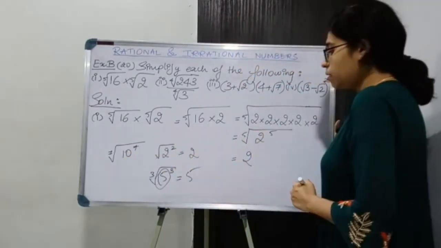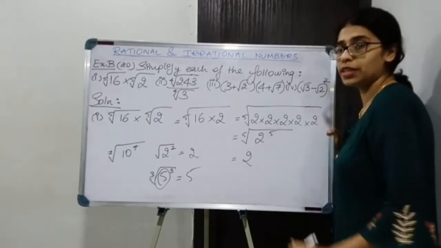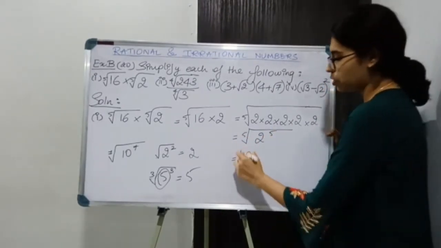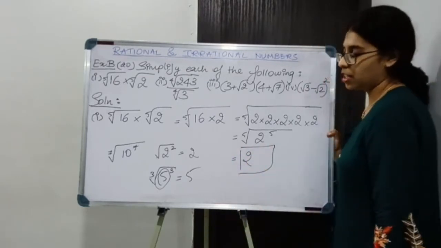So over here 5th root of 2 raised to 5, the answer is going to be 2. So this is my final answer.